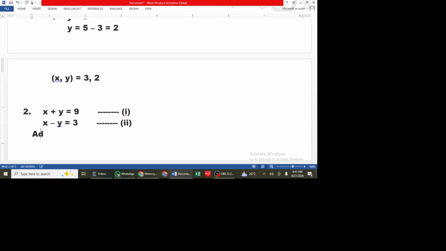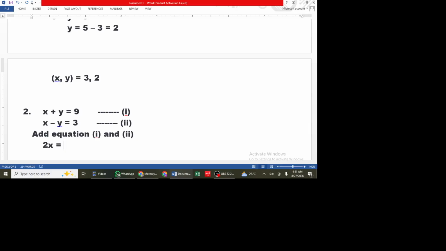You now say add equation 1 and 2 together. Equation 1 will have x, equation 2 will have x, x plus x will give us 2x, then plus y minus y will give us 0.